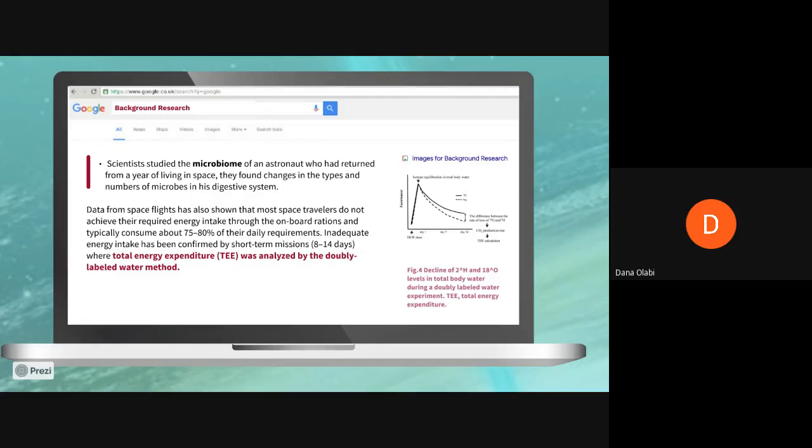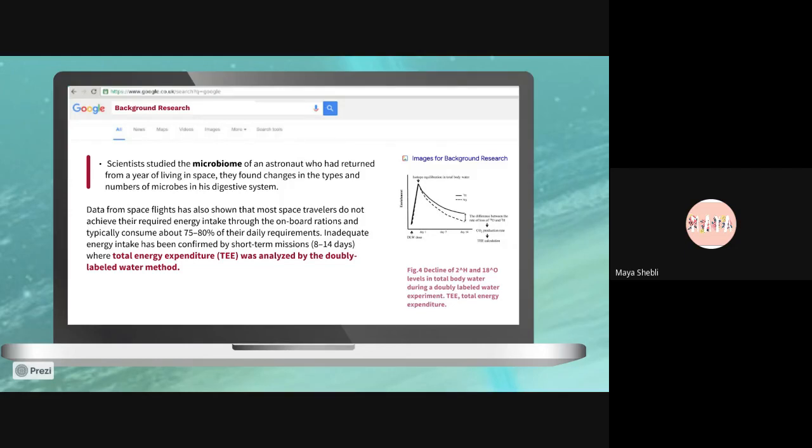Scientists studied the microbiome of an astronaut who returned from a year living in space. They found changes in the types and numbers of microbes in his digestive system. Data from space flights has also shown that most space travelers do not achieve their required energy intake through the onboard rations and typically consume about 75 to 80% of their daily requirements.